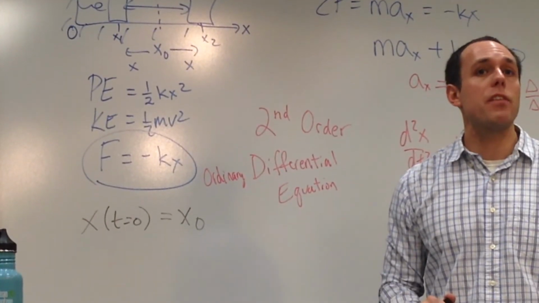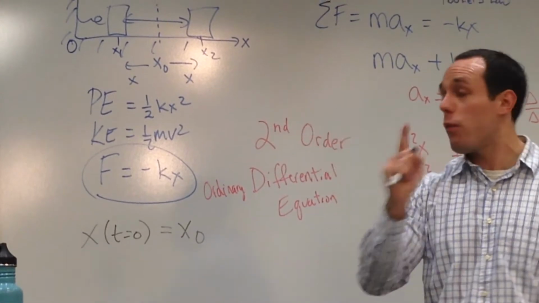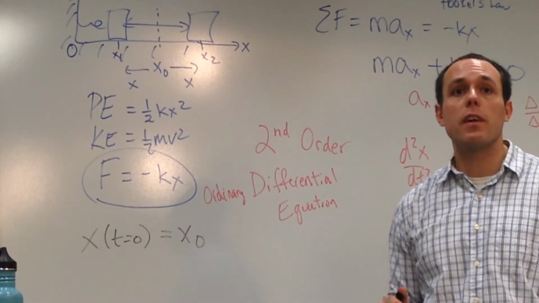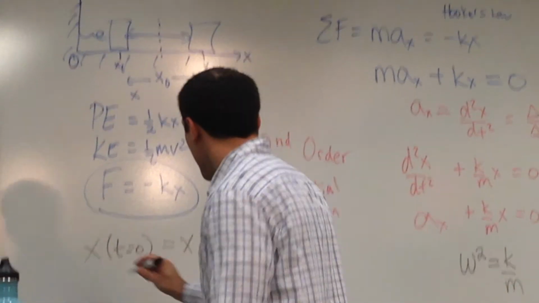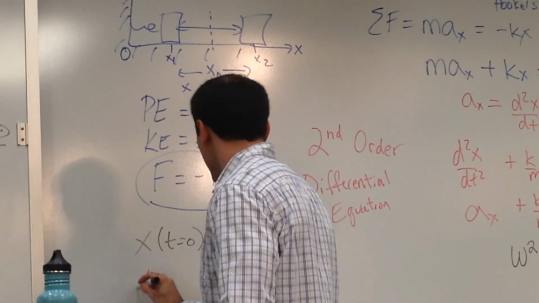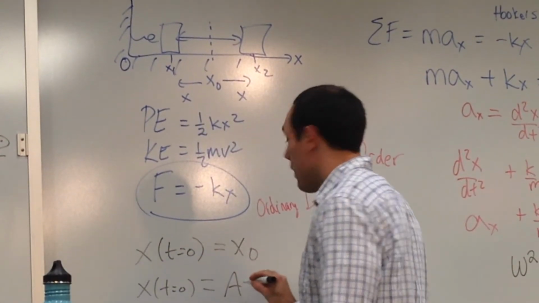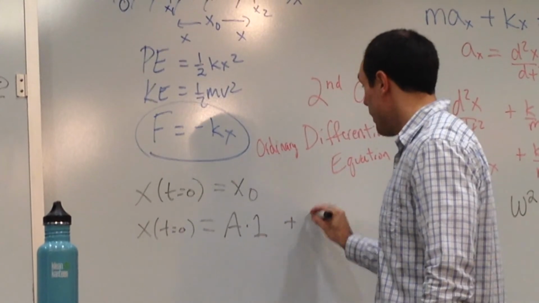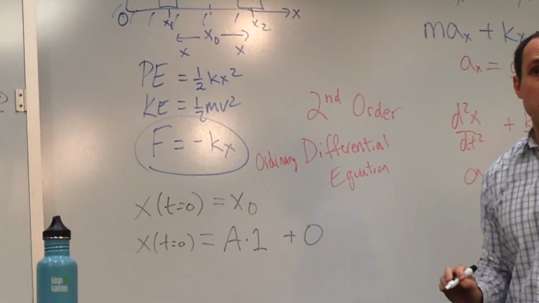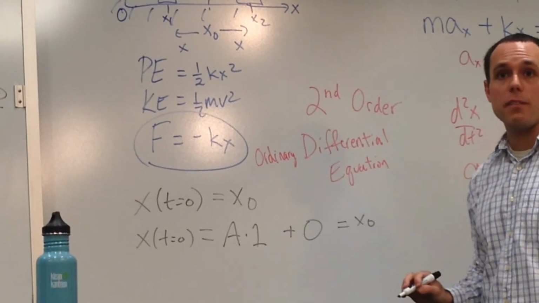If I gave you that as its initial condition, then a mass on a spring going back and forth, making perfectly circular harmonic oscillation or simple harmonic motion, then its solution, let me put it into that equation, x when time equals 0 is going to be a, the cosine of 0 is just 1, plus 0, because the sine of 0 is 0. And we're told this is equal to x of 0.